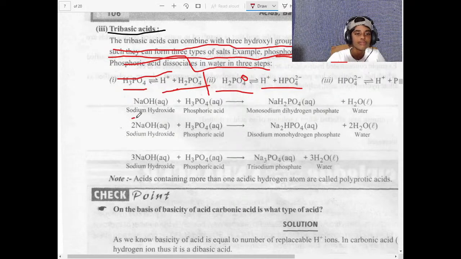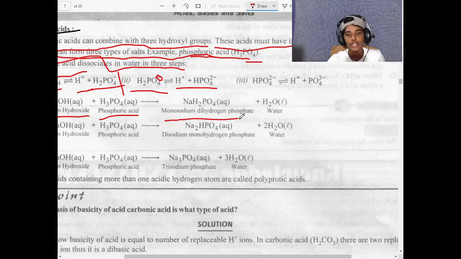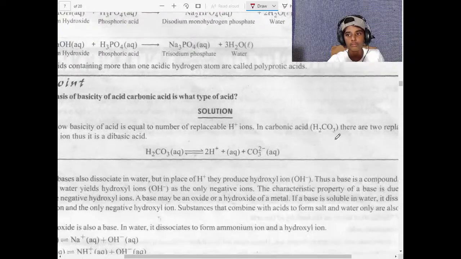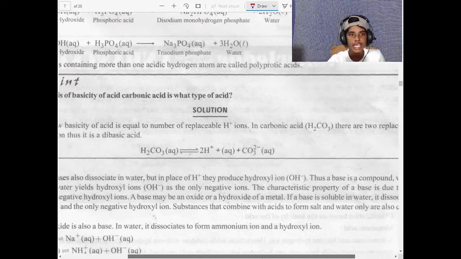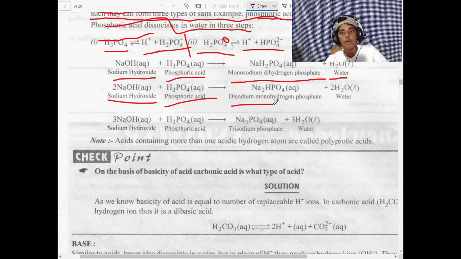Sodium hydroxide plus phosphoric acid gives monosodium dihydrogen phosphate plus water. Next, it gives disodium monohydrogen phosphate plus water.